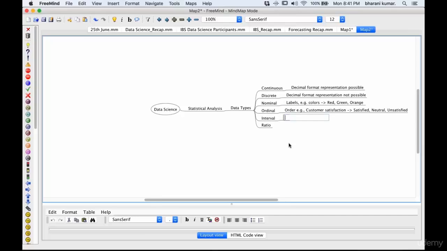Interval scale is used if you do not have a zero value, if you do not have an absolute scale. For example, it could be temperature, or it could be a rating scale of, say, 1 to 10.